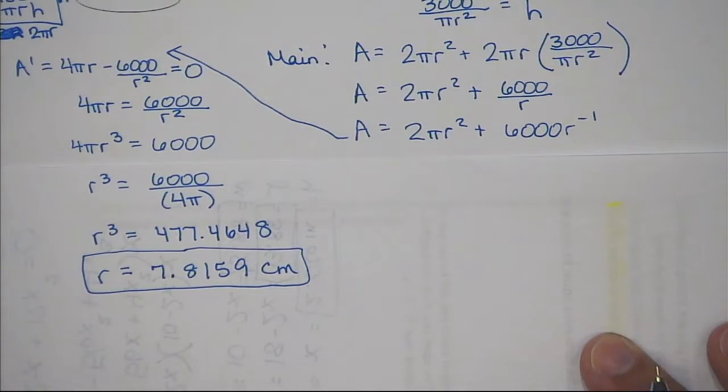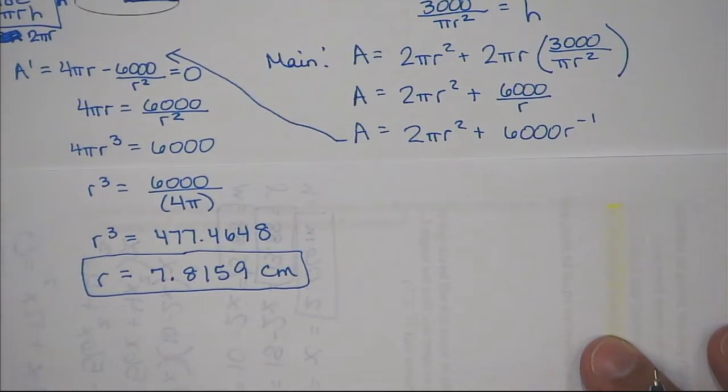Okay, so cube root of 477 is 7.8159. We were doing centimeters. Remember what the question asked you to find? Find the dimensions that will minimize.